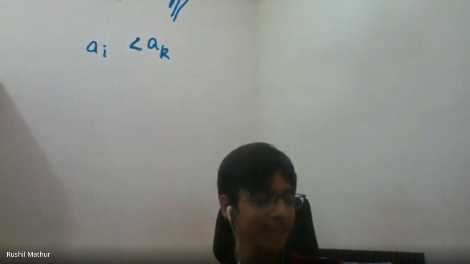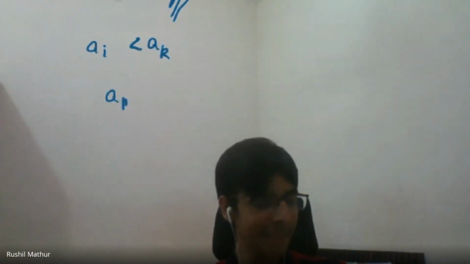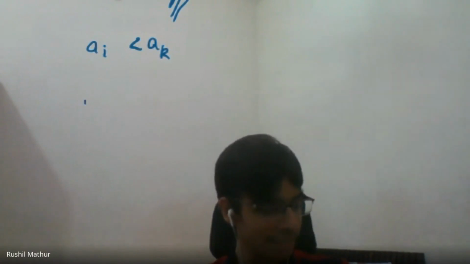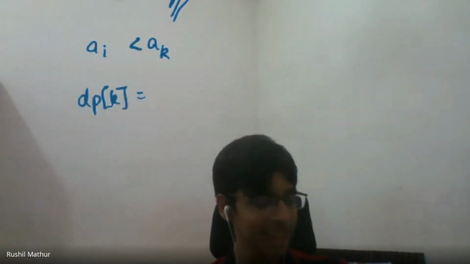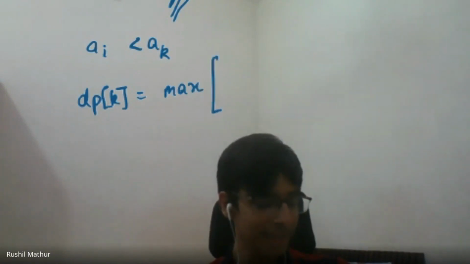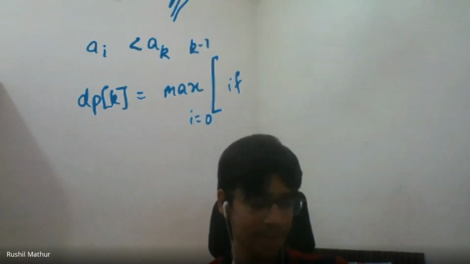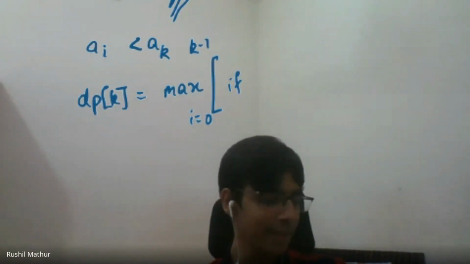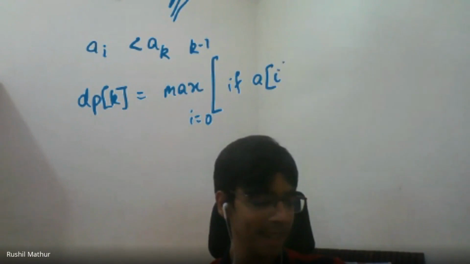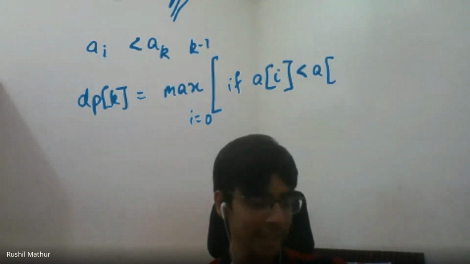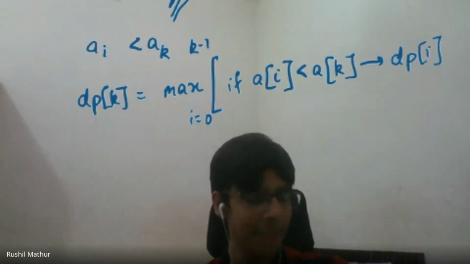Anyway, so now you want to build a recurrence. So what is your recurrence? dp k is the max of values going from i equal to 0 to k minus 1, if ai is less than ak, then you can say max of these dp i's.